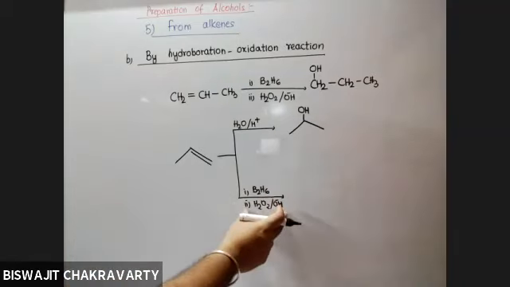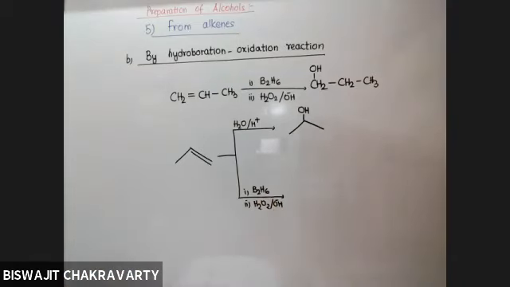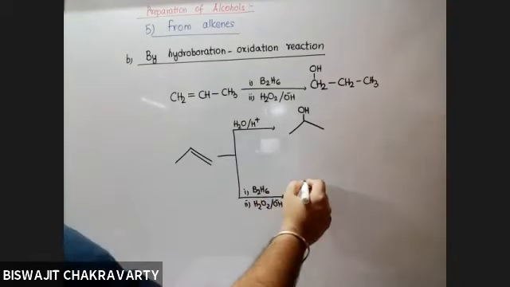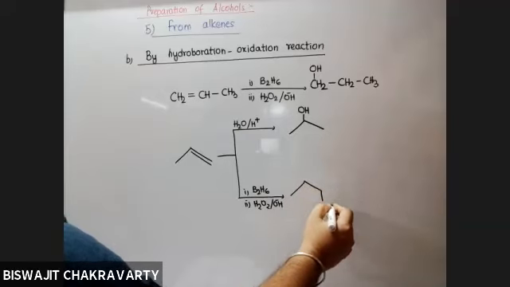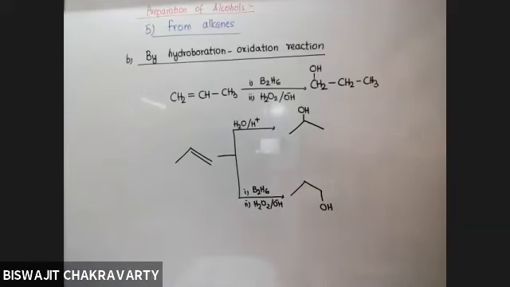And if you are carrying out hydroboration oxidation reaction, the same water will be added up, but following anti-Markovnikov. So this much you need to understand, that whenever hydroboration oxidation reaction is carried out, the OH will always prefer the outward carbon.